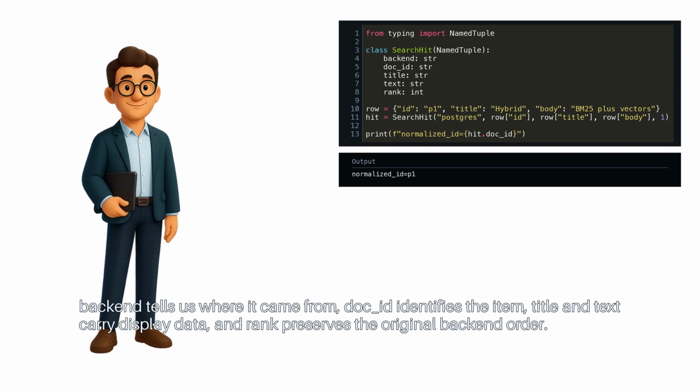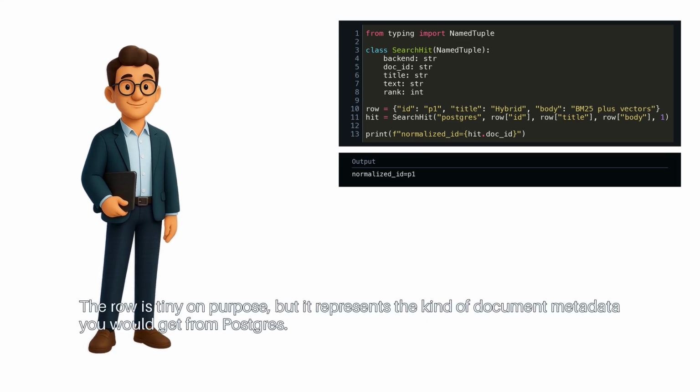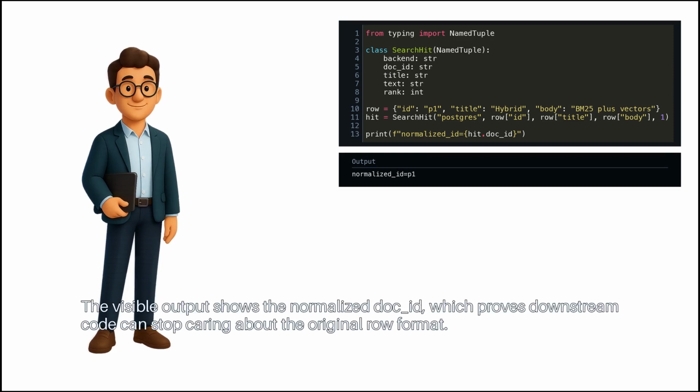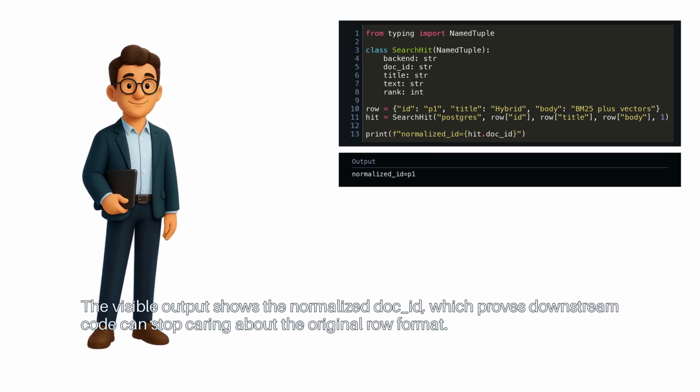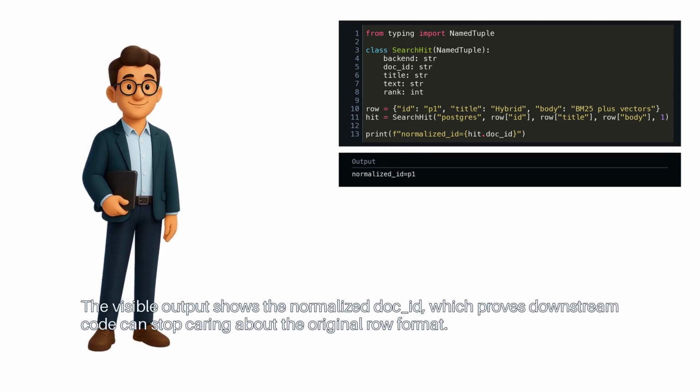Backend tells us where it came from, doc ID identifies the item, title and text carry display data, and rank preserves the original backend order. The row is tiny on purpose, but it represents the kind of document metadata you would get from Postgres. The visible output shows the normalized doc ID, which proves downstream code can stop caring about the original row format.